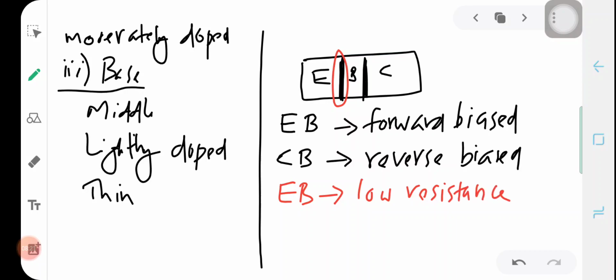But the collector base junction, the second PN junction, is reverse biased. It will offer very high resistance.